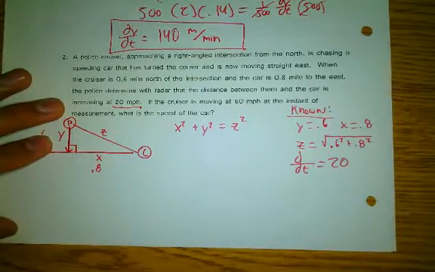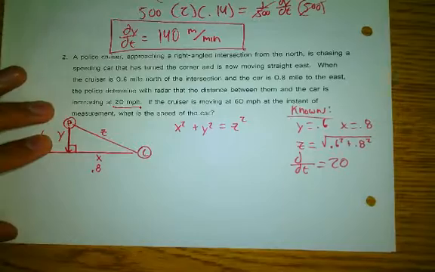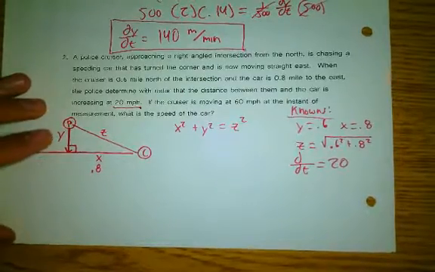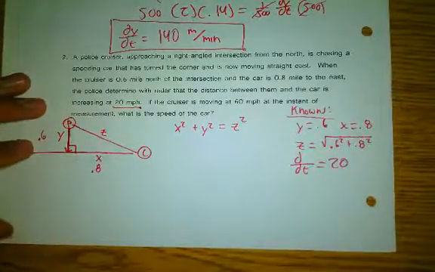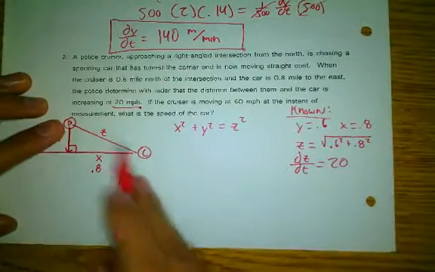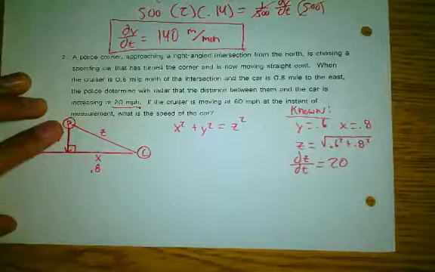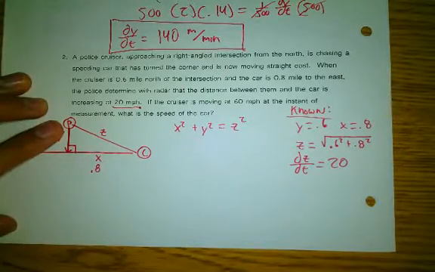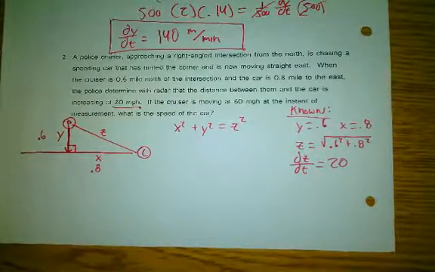Which one are we talking about? Are we talking about y, x, or z? Z, because it's the radar, right? He's holding out his radar. So as he's holding out his radar, he's still moving, right? Okay. So dz/dt is 20.